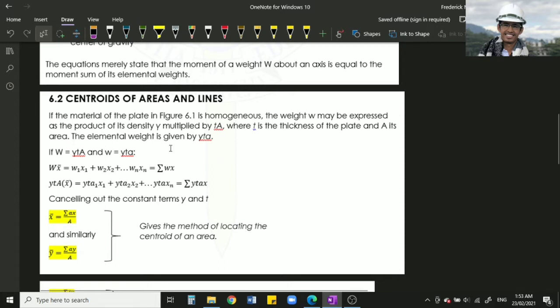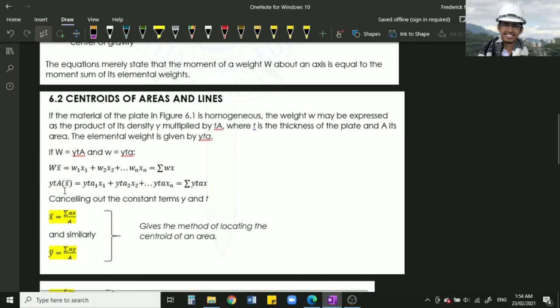So the elemental weight is given by YTA. So if W is equal to YTA and the small letter w, yung part niya, is equal to YTA, then W bar X is equal to W1 X1, and so on.